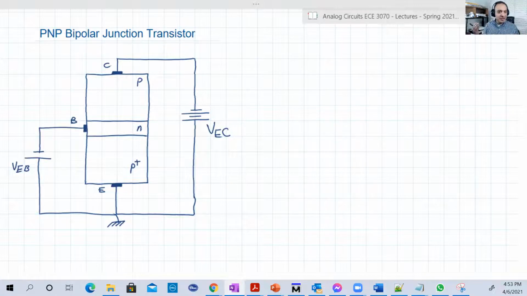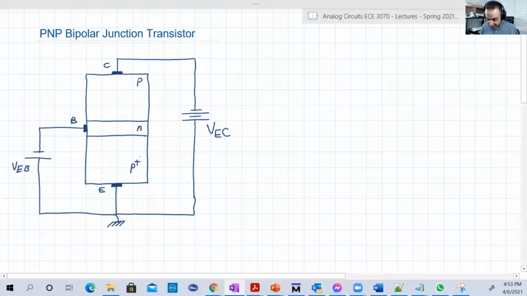What was N becomes P, and what was P becomes N. So the emitter is P type, the base is N type, and the collector is P type. So it's PNP. But again, the emitter is still more highly doped than the other regions, and the base is still a thin layer between both.